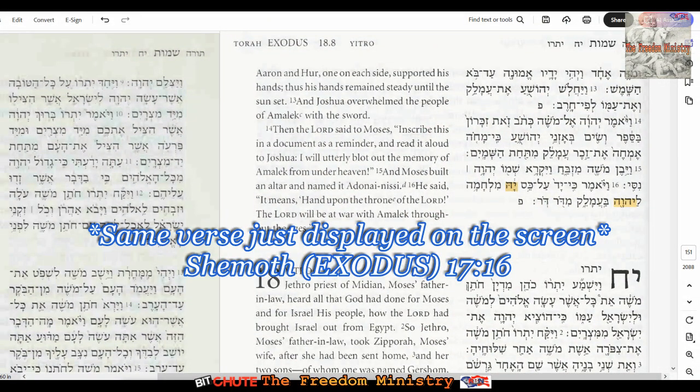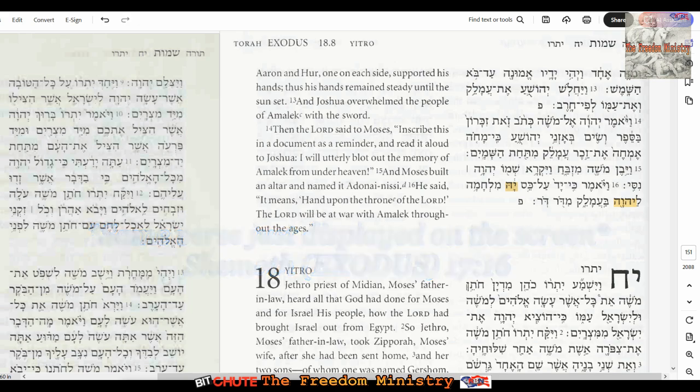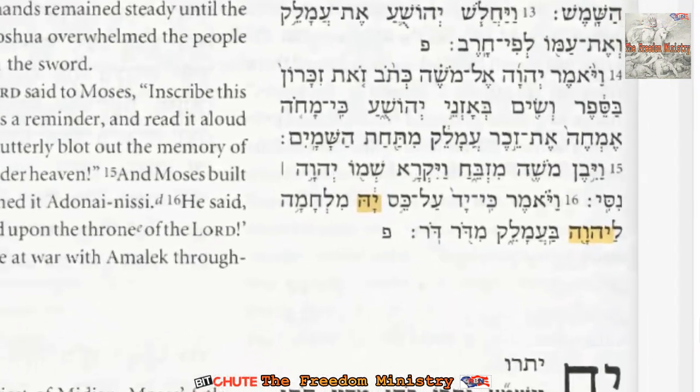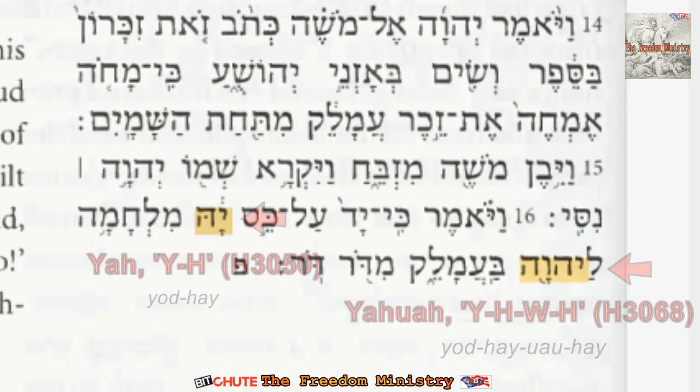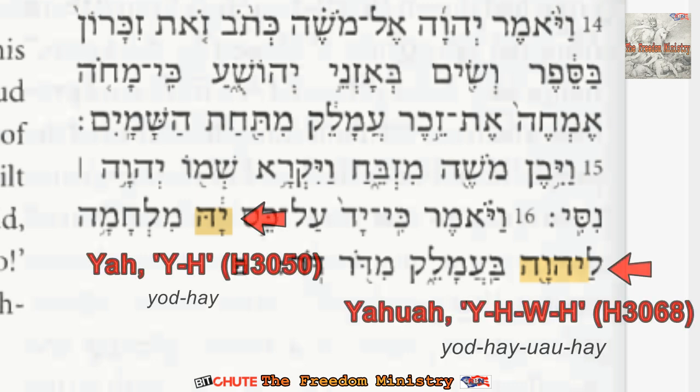So here is the Hebrew Tanakh. I'm using the example of Exodus 17:16 because it uses both the shortened form Yah, yod-hay, which is Hebrew's Concordance 3050, and at the end of the verse, the second highlighted you'll see there is yod-hay-uau-hay, which is Yahuah, the full Father's name, Hebrew Concordance H3068.